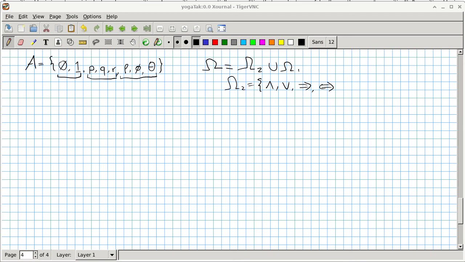And I think those four are the most used ones. And then omega 1, which is the set of unary operators, will just have negation. So we are now defining omega to resemble what we use to deal with logic. When we express logic, we use these operators. Are we good so far?